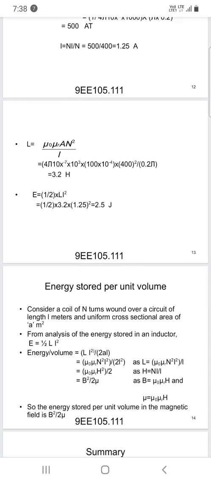Why? Because here the iron ring is there, so 0.2 into pi. Then we will get the inductance value equal to 3.2 Henry.